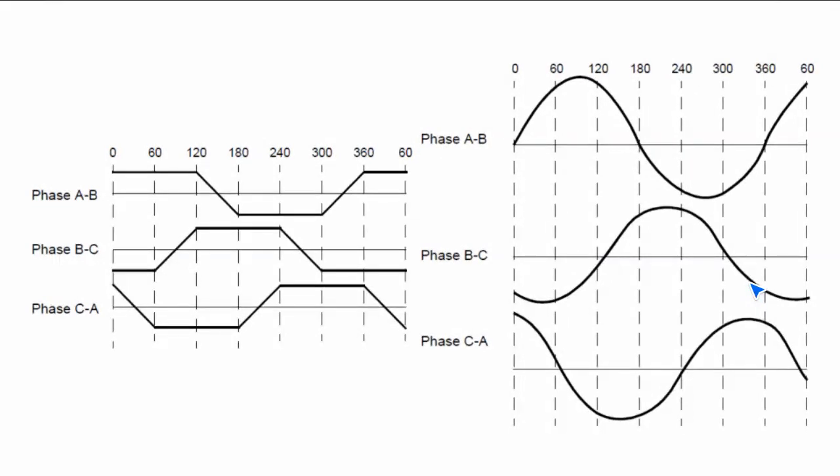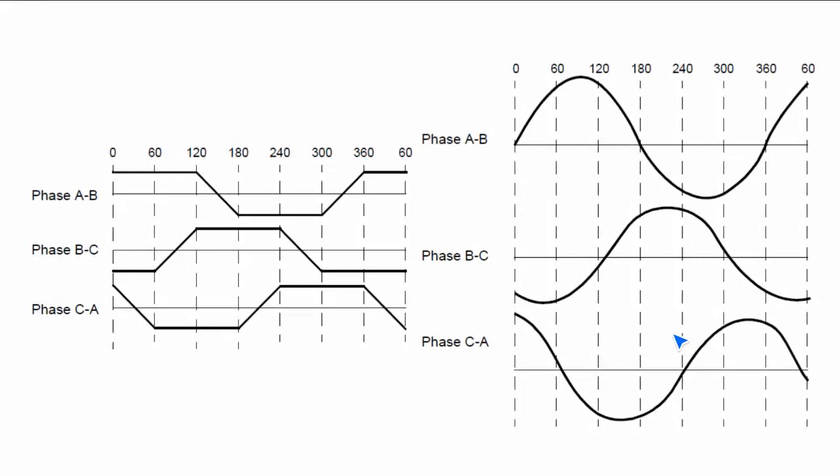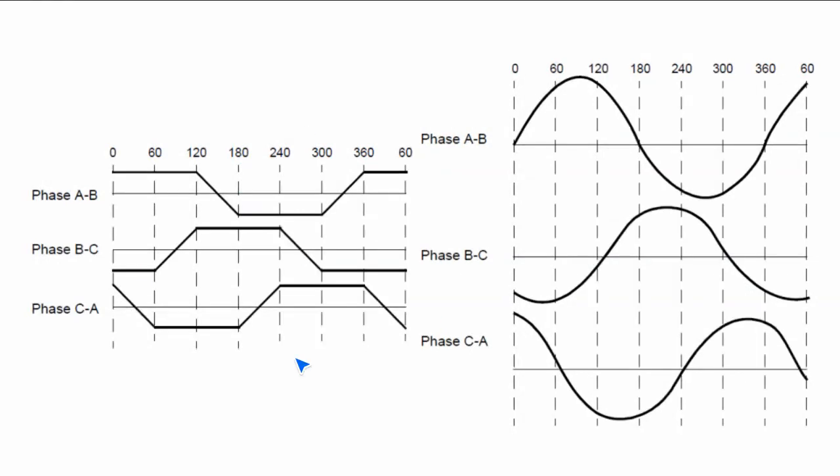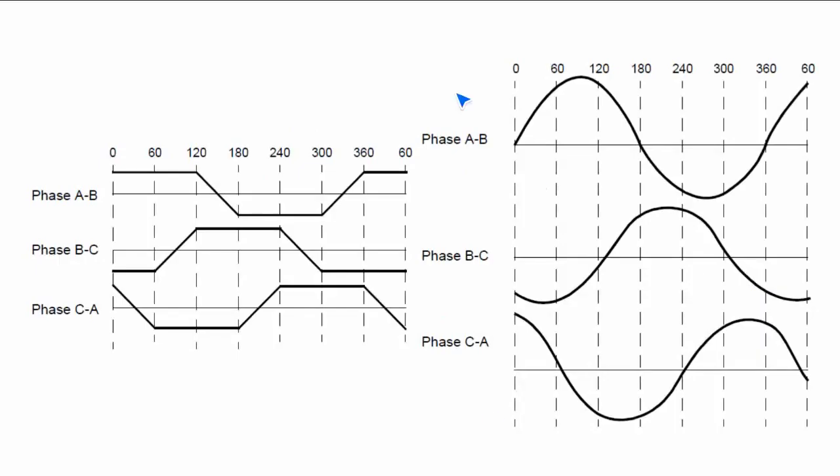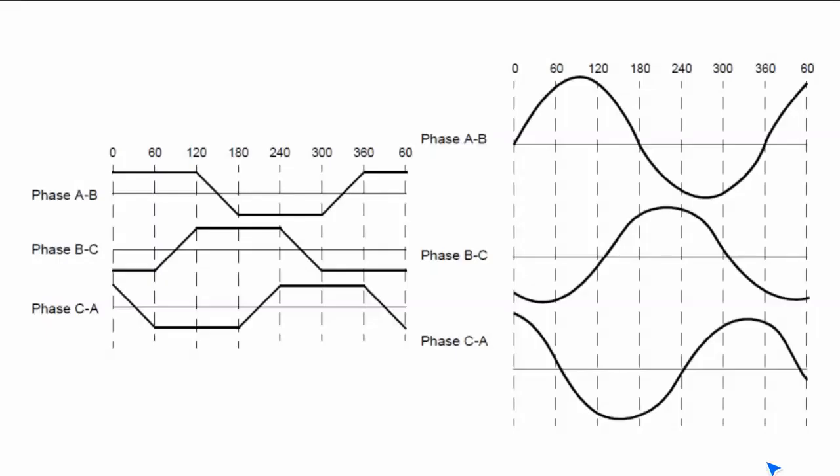If your back EMF is trapezoidal like this one, this is called a brushless DC machine or trapezoidal motor. If your back EMF waveform is sinusoidal like this one, this is called a sinusoidal back EMF. These are very important.